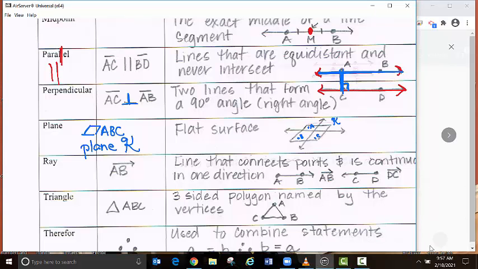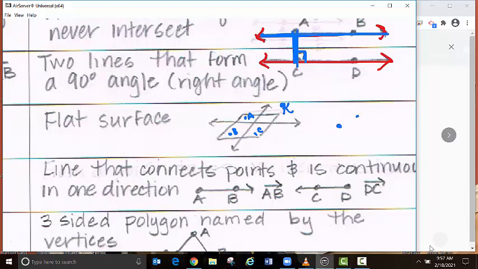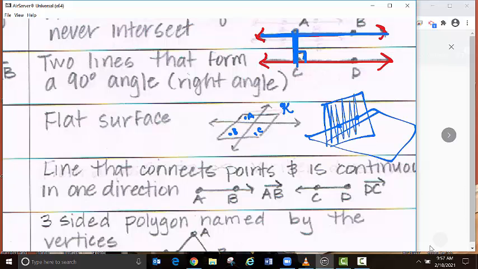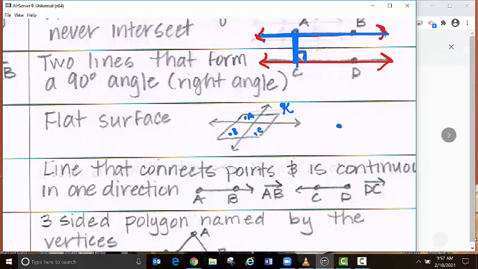If you just had 2 points, my plane could go through it this way, facing up, or it could go through it flat, like this. 2 points, and it could tilt. But the minute you have 3 points, then it has to be flat in a certain position.